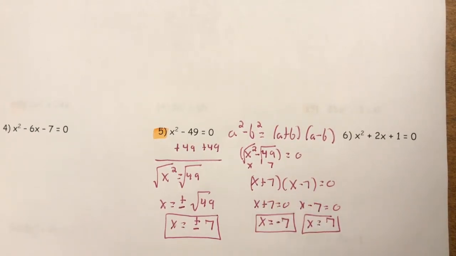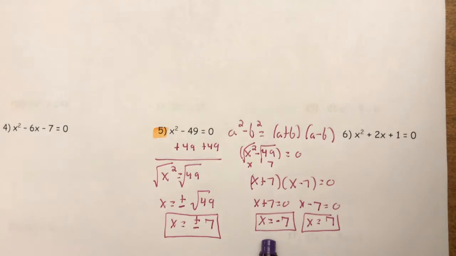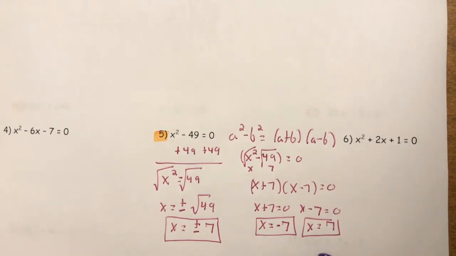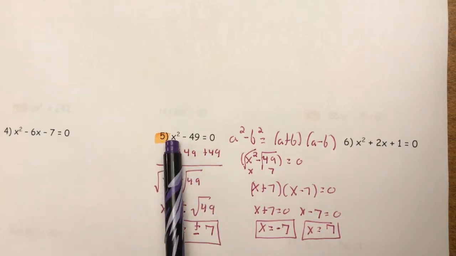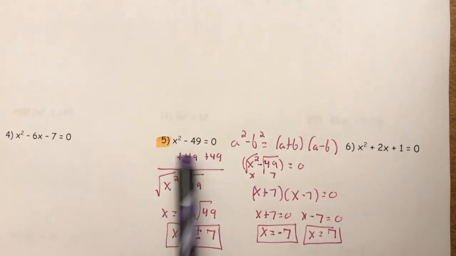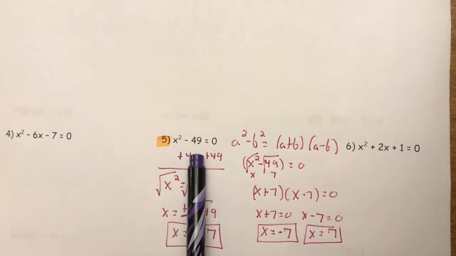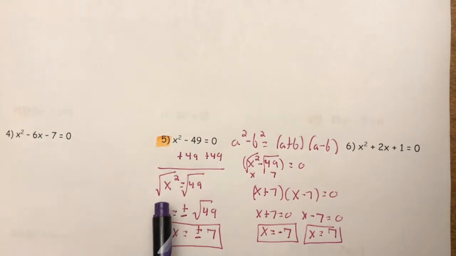I set each factor equal to 0, and using the zero product property, we know that the first one will give us x is equal to negative 7, and the second one will be x equals 7. Another way that we can solve this is by getting the x squared term alone and removing the constant. So we start by adding 49 to both sides.